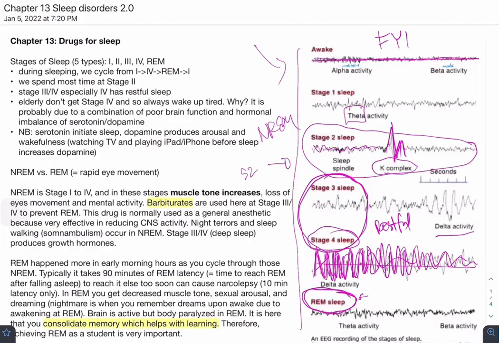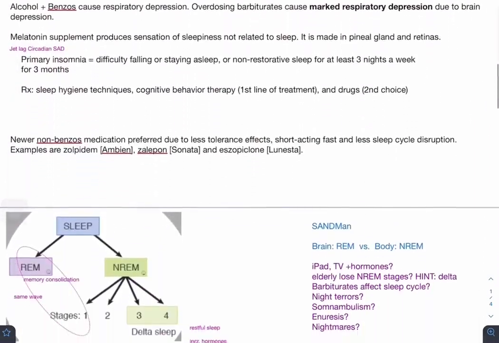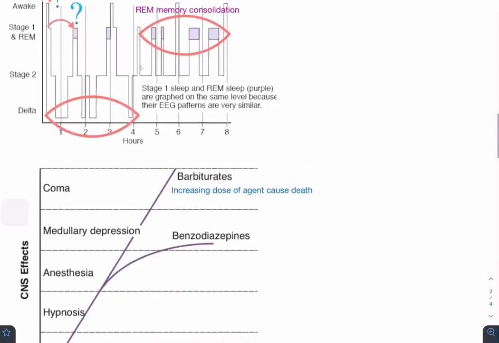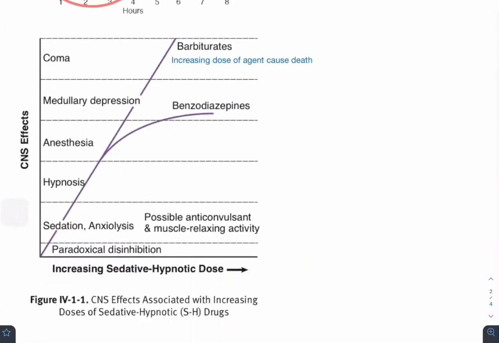Okay, there are drugs that can affect these sleep stages or cycle. Two of the most famous ones that I want to talk about are the benzodiazepines, and the other drug class is the barbiturates.